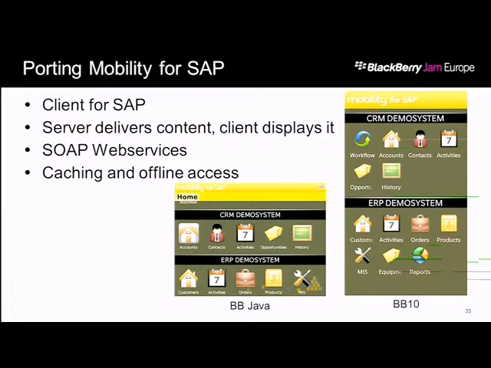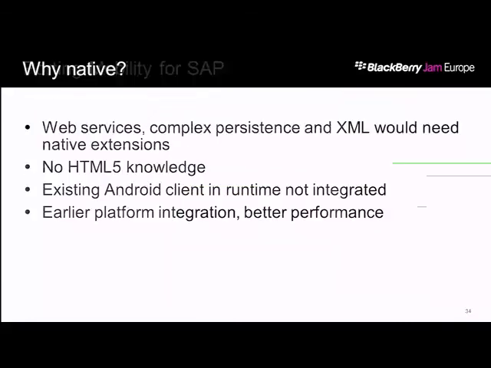All the data access runs over SOAP web services, which are offered by the server, so we don't have much choice there. And we implemented caching and offline access using SQLite. Then why did we go with a native framework? Our main reason was we did not have much HTML5 knowledge already, so we had to explore a new area anyhow.